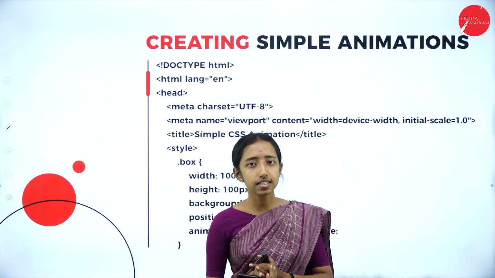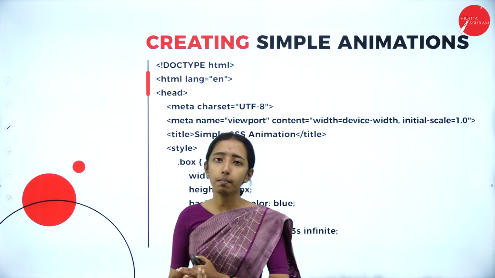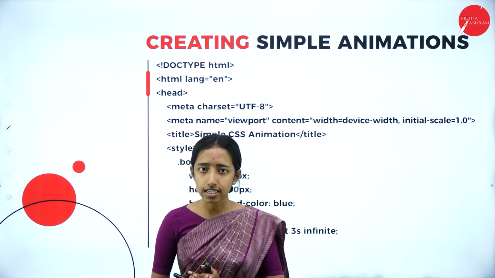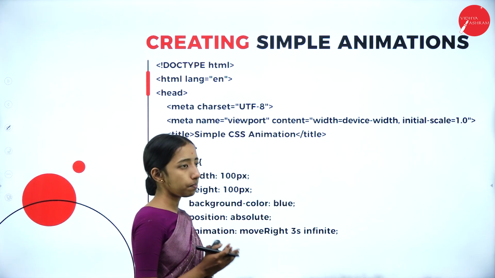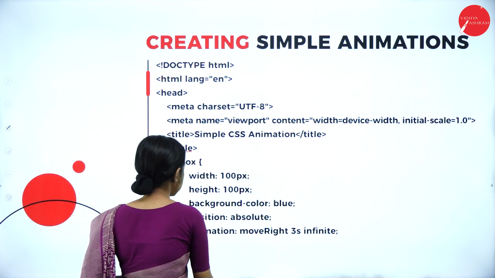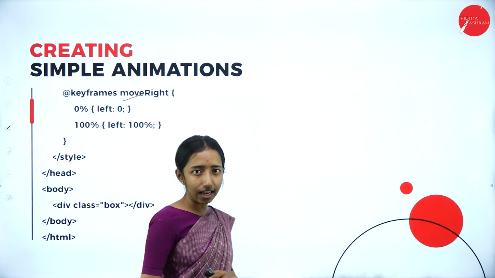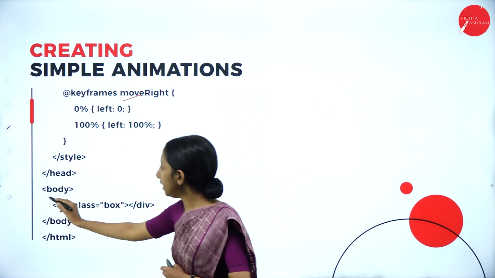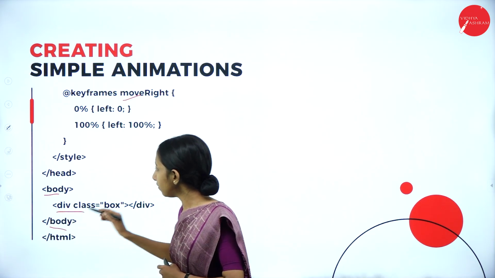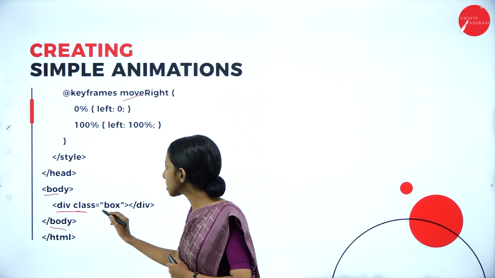So here you can see I have taken an example using HTML as well as CSS. Here we are creating a simple animation. I have taken the style tag with keyframes, and inside the body I have taken a div tag, that is the division tag, with a class box.